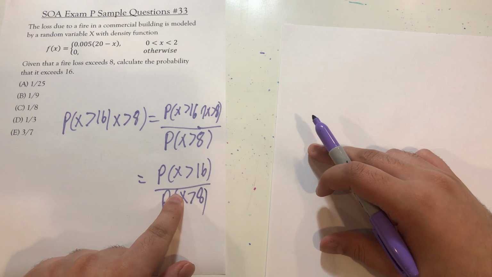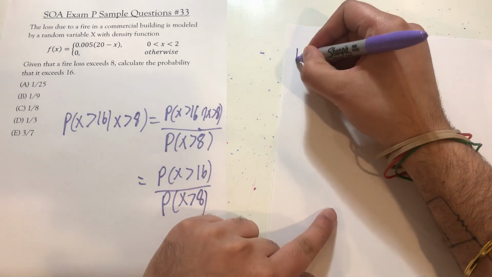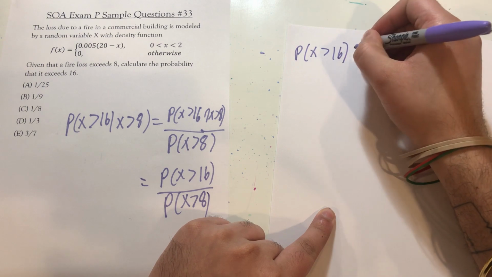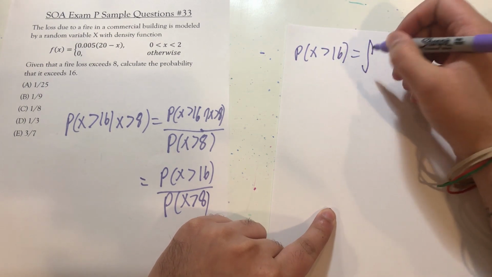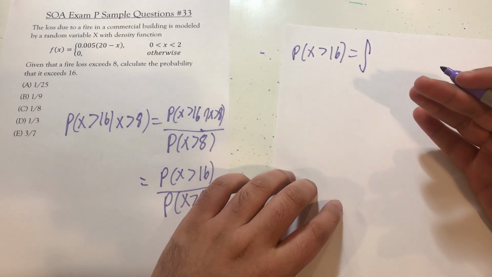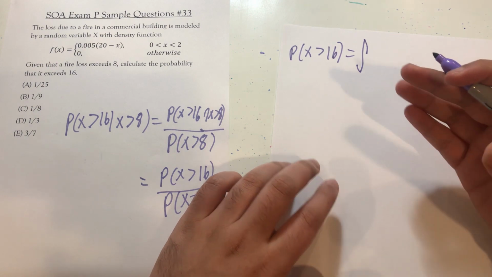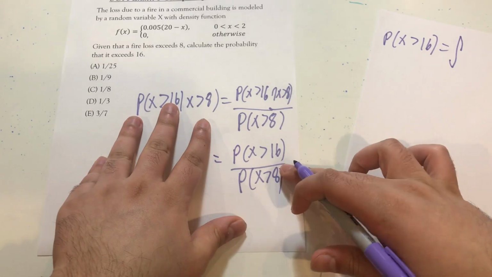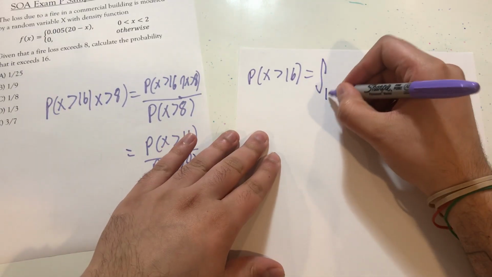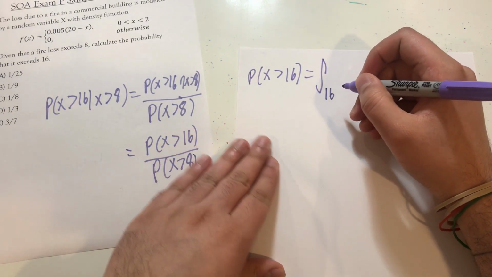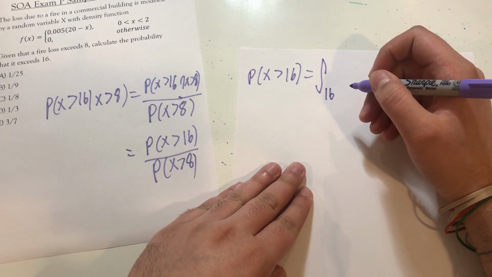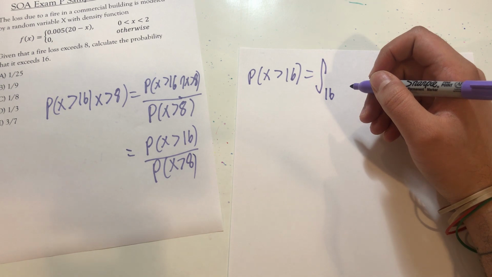So first, we'll work with our numerator, the probability that X is greater than 16. Now, that should be equal to the integral. What are my bounds of integration? Well, they should be the range I'm looking for the probability in between. Since it's greater than 16, I know my lower bound is 16. And based on the PDF, oh, hang on.